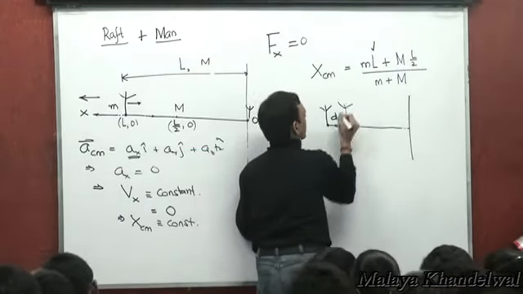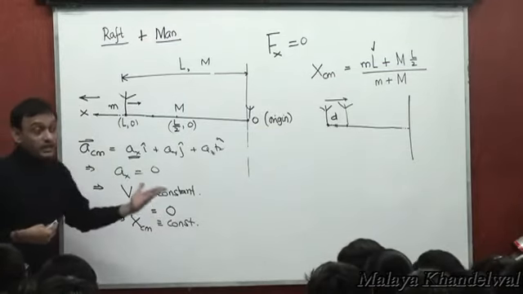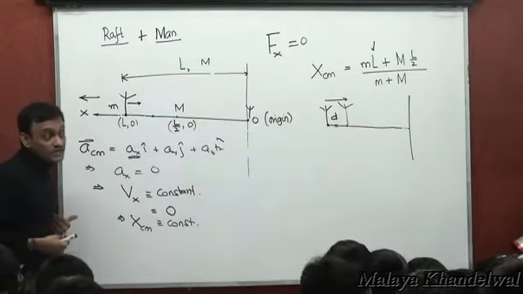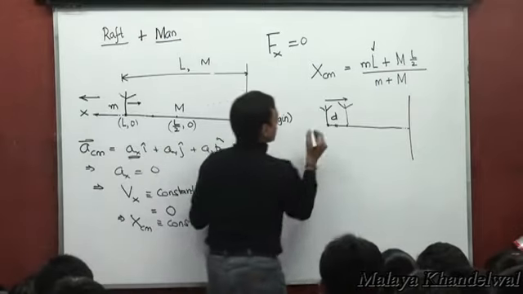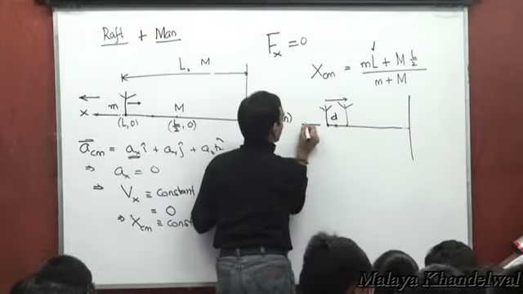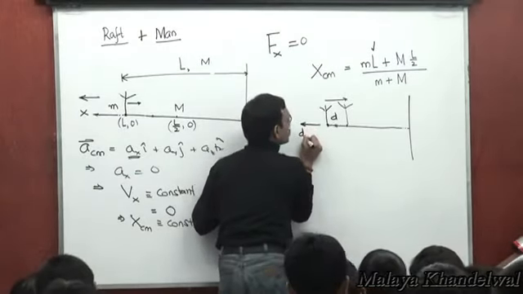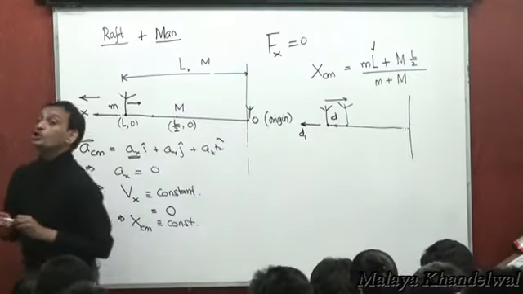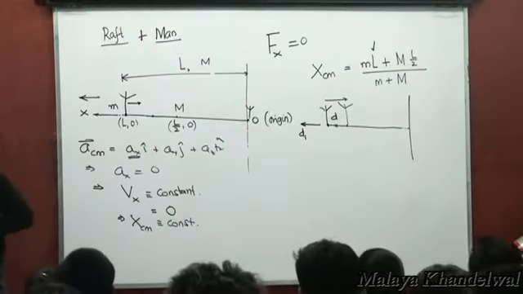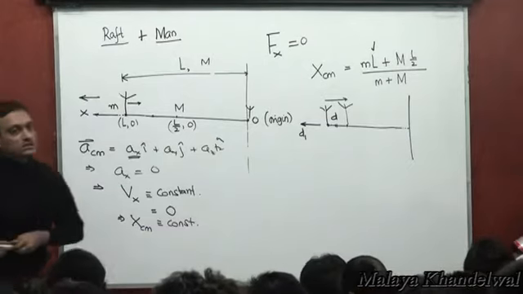And the raft moves d1 units leftwards. Why would that happen? So as to preserve the x coordinate of the CM, right?